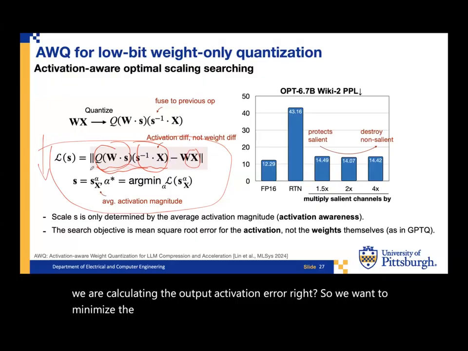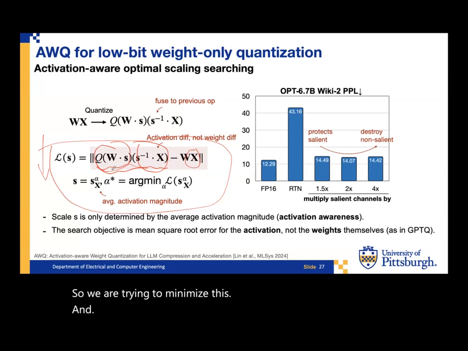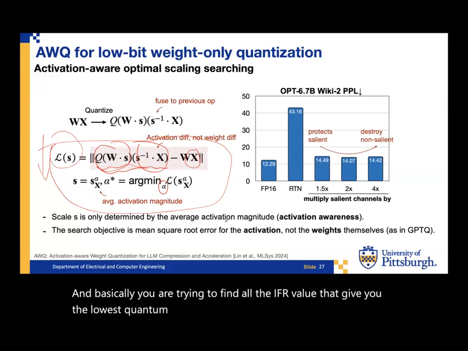This is what we already saw when we were talking about the quantization for CNNs, right? So we are trying to minimize this. Basically you are trying to find the alpha value that gives you the lowest activation error. So there's a linear program to search the alpha.